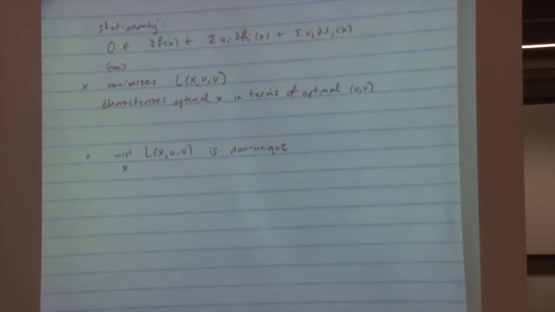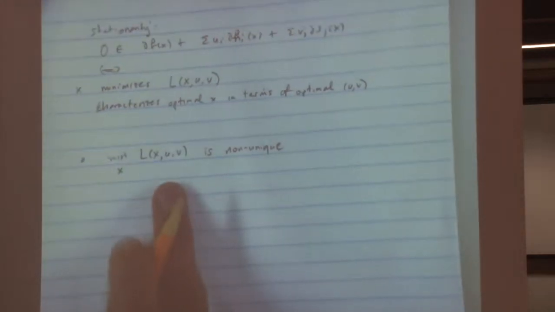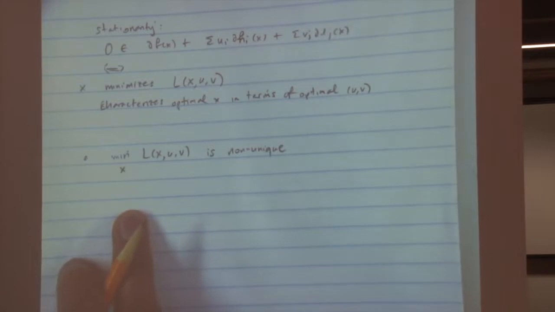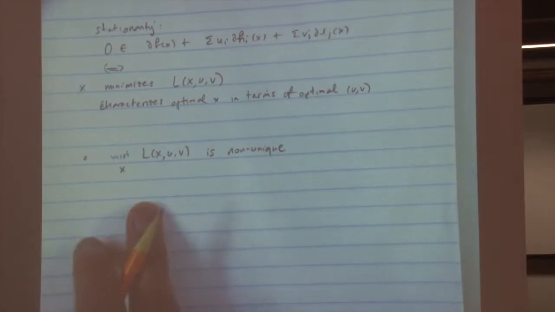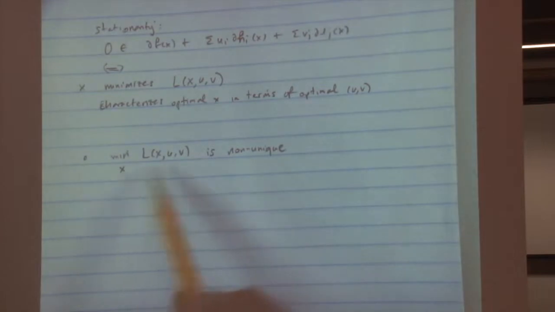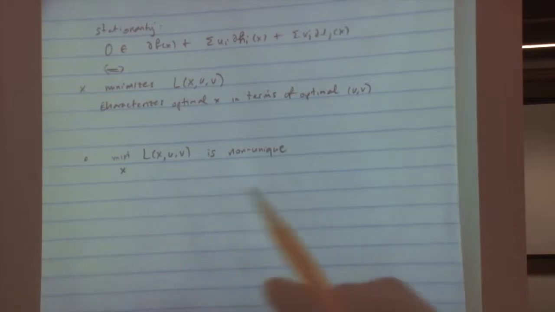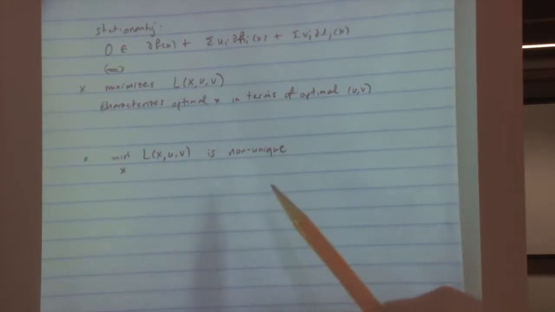Let's suppose that there's more than one point x that minimizes the Lagrangian at u and v. In this case, we're not going to be told an explicit form for x, because all we know is that x is a minimizer of the Lagrangian. We don't know which one it is. The KKT conditions tell us that x must minimize the Lagrangian if we stick in the optimal u and v, but we don't know which one of the minimizers it is.